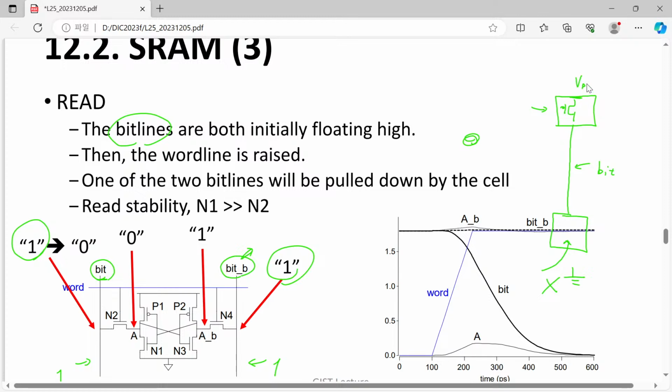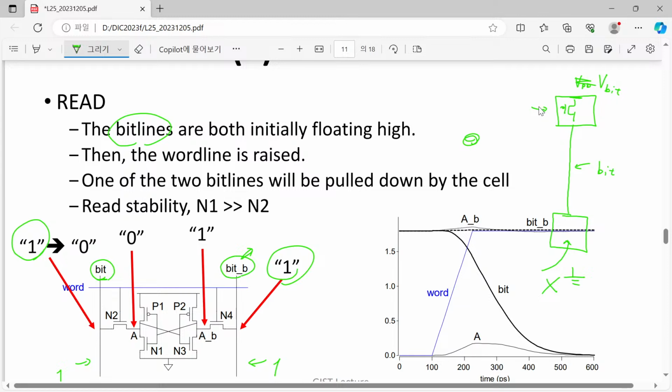There is a VDD, or a bit line voltage, and it provides a connection to the bit line. Once the line is charged up to this bit line voltage, the PMOS circuit is turned off.